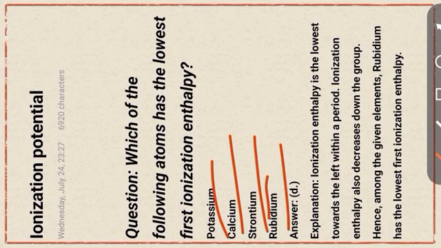Ionization enthalpy is lowest towards the left within the period, and it also decreases down the group. Among the given elements, rubidium has the lowest first ionization enthalpy.